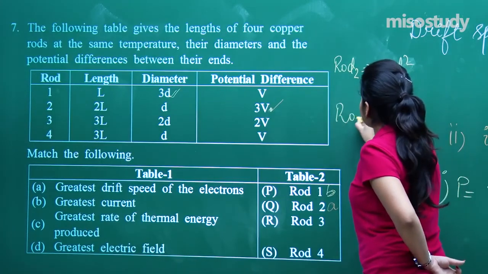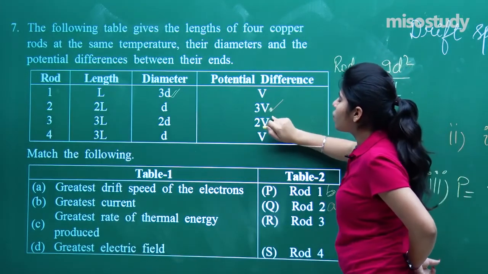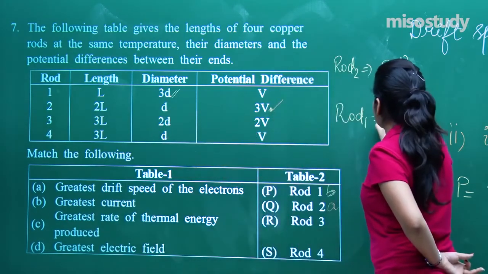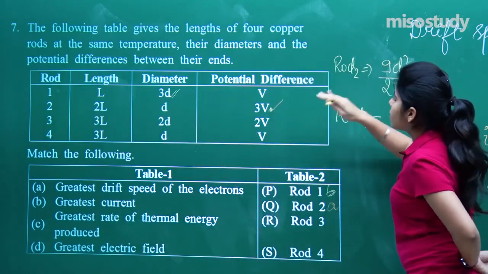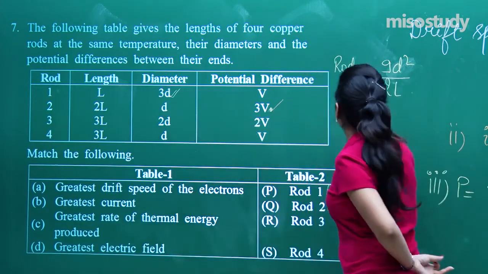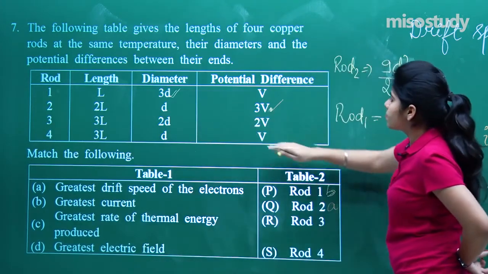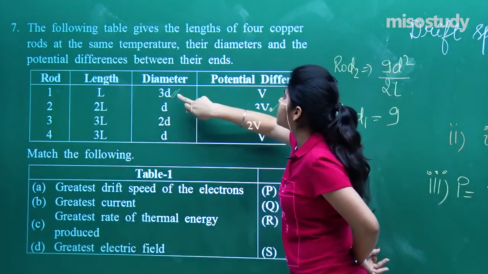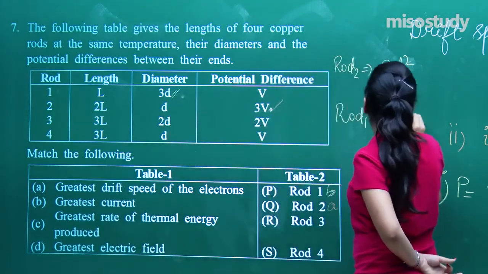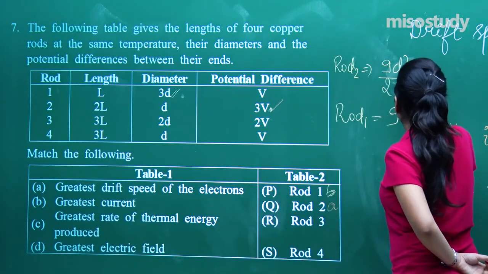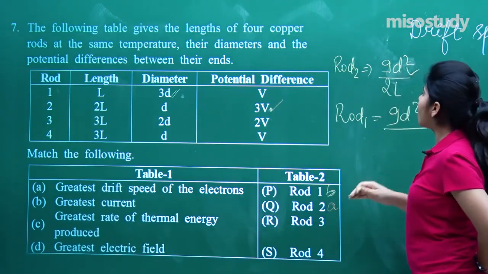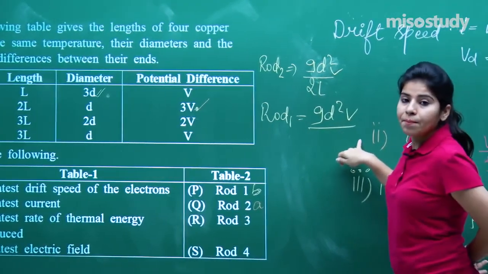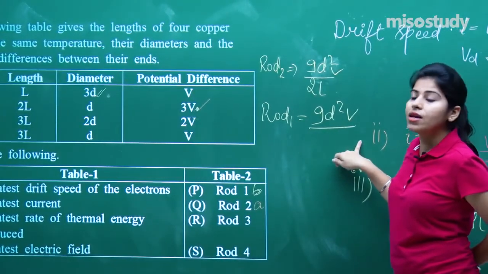Now, if I just see the case of the one with maximum diameter, that means rod 1, it will be having again 9, I am talking about rod number 1, that means 9d square into V upon. Now, we know that the numerators are coming to be the same, but here we have to consider the length.